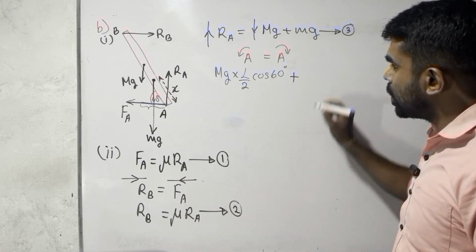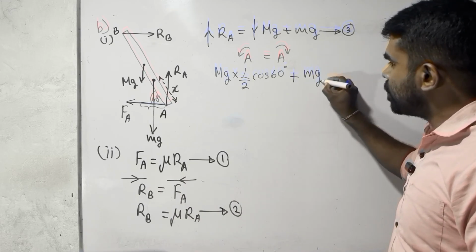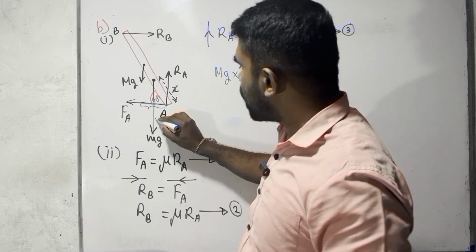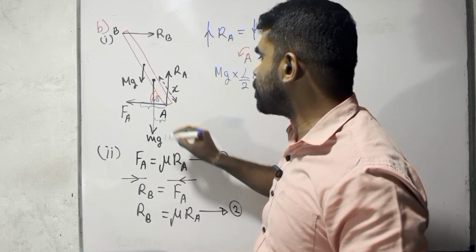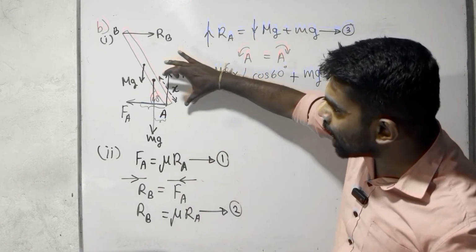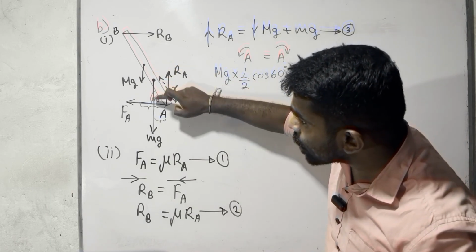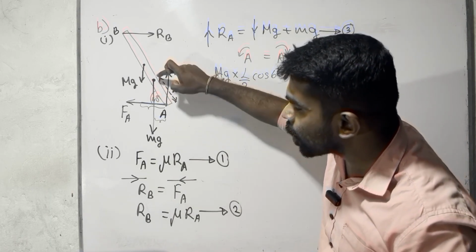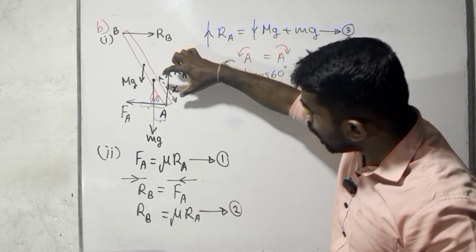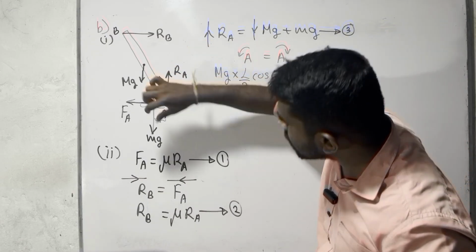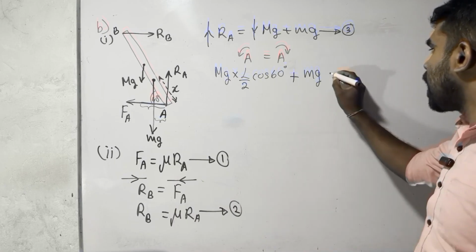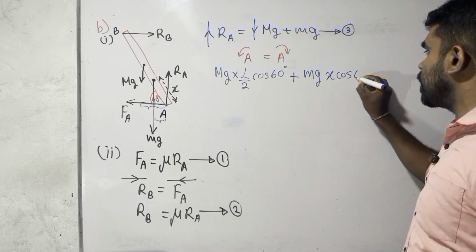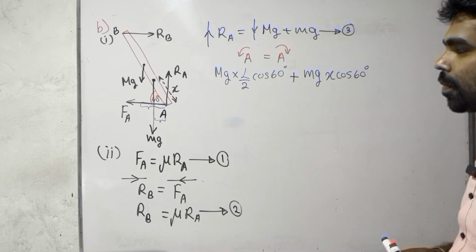Plus torque due to simple mg. Mg into perpendicular distance is this one. We have to consider this small right angle triangle. Hypotenuse is x, adjacent is the required distance. Then we can write it x cos 60.